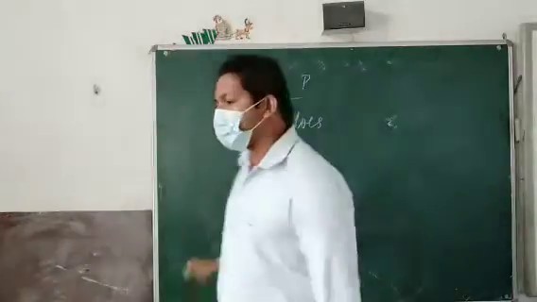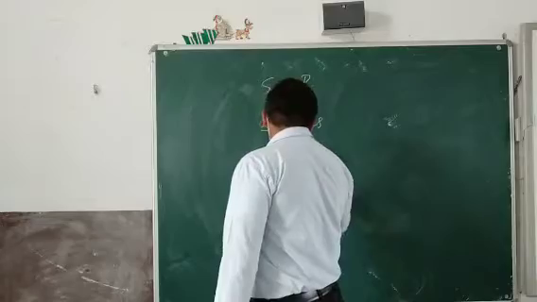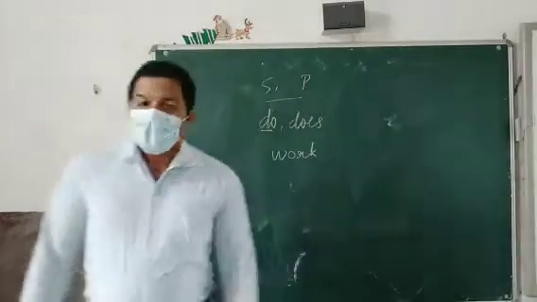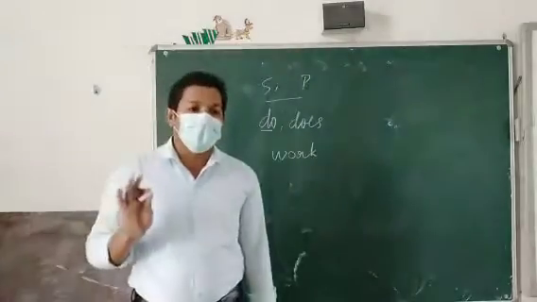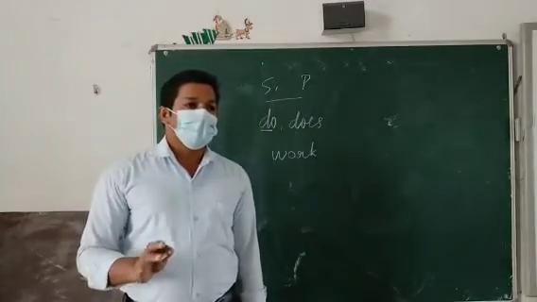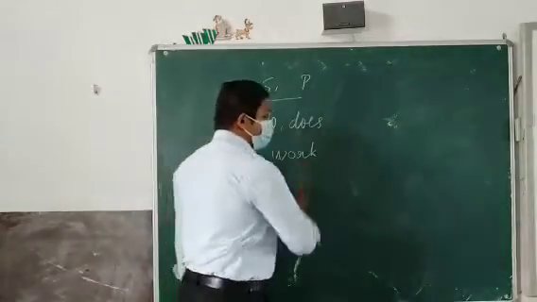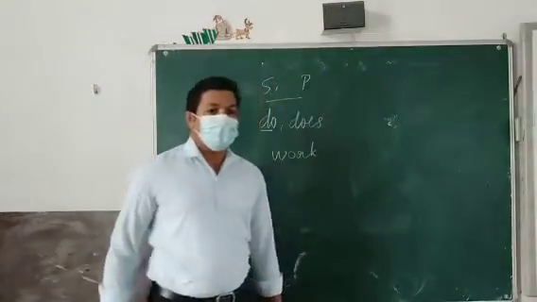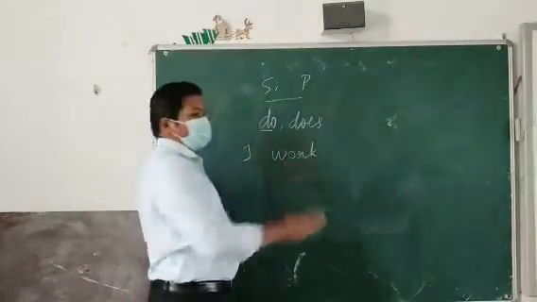And when this is added with the verb, like if you are saying work, if do is added with the verb, then nothing happens. It will remain as the verb only. There is no change. But when does is added with this one, what happens? It will become works. So if I is the subject, I work, no problem.